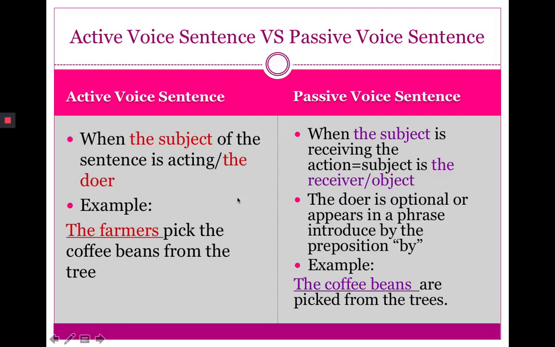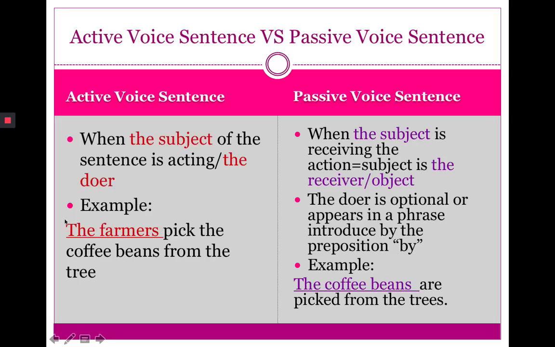Active voice sentence versus passive voice sentence. I think I already highlighted to you the differences between active voice and passive voice sentences, but let's have a look again. An active voice sentence happens when the subject of the sentence is acting, when the subject is the doer, the person who performed it. For example, the farmers picked the coffee bean.